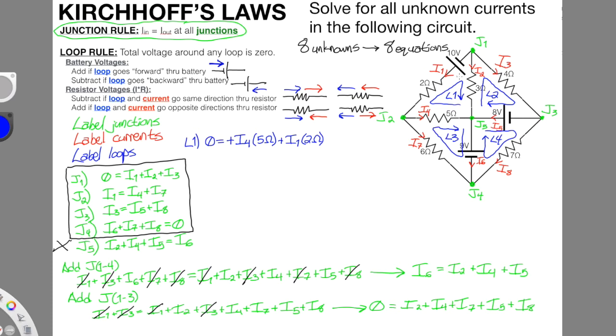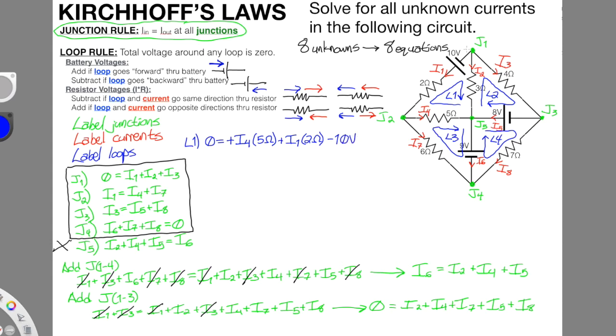Then we get to a battery in loop 1. For the battery, all that matters is the direction of the loop, not the direction of your labeled currents. Our loop goes backwards through this battery, opposite of the normal direction of current flow through a battery, so we will subtract that battery voltage, minus 10 volts.